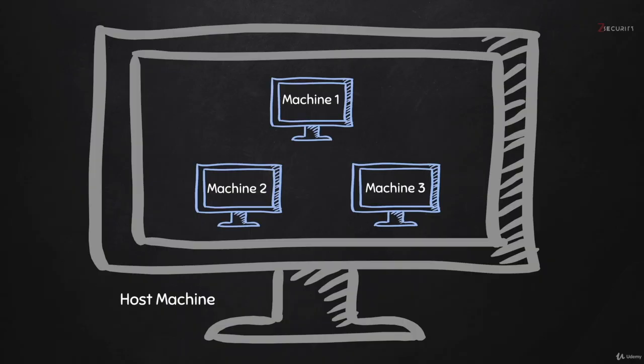A virtualization software allows us to create a number of virtual computers inside your main computer. So we can have 3 or 4 or 5 or 10 computers all installed inside your main operating system, inside your main computer. The really cool thing about this is you will not need a number of computers. You can do everything inside a single computer.